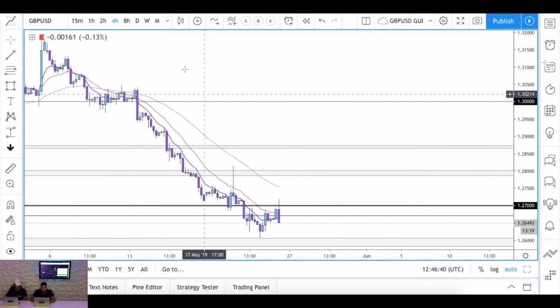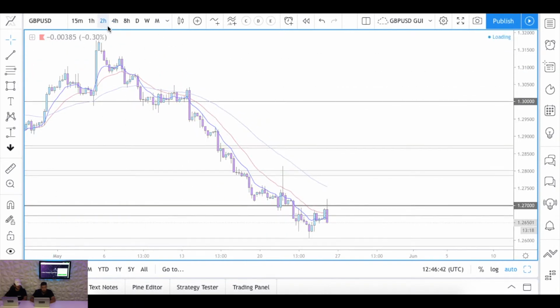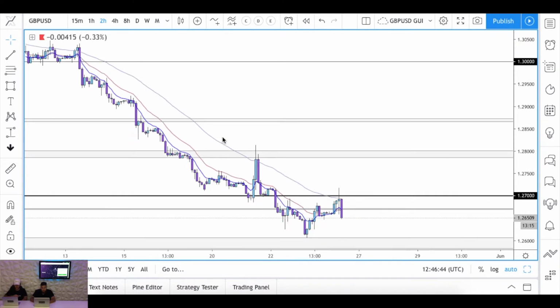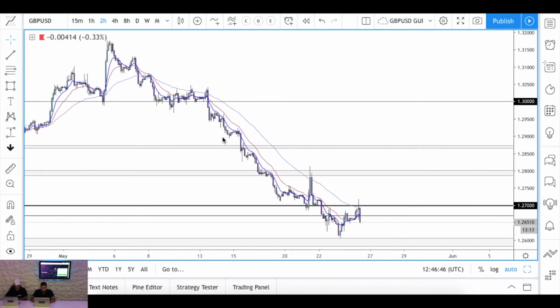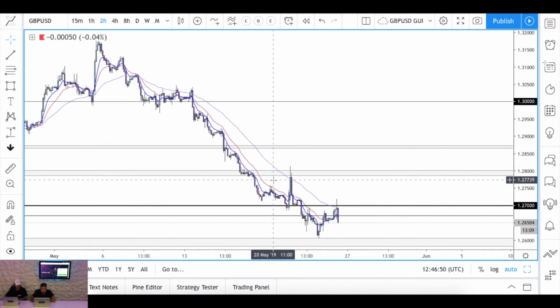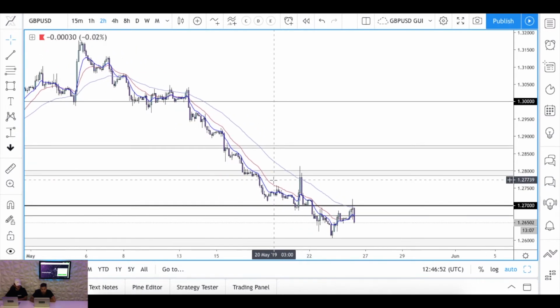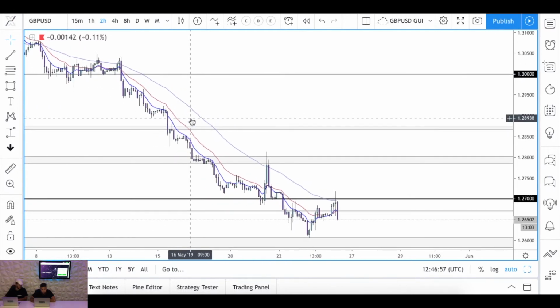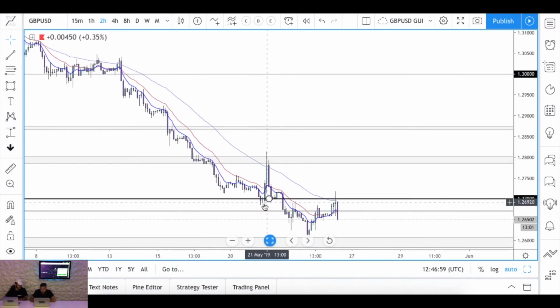I'm gonna step into the smaller time frame so you can see a little more. GBP USD has melted the past week, and I was following this movement since over here, but by reaching 1.2700, I was out of the trade, and I saw this retracement.